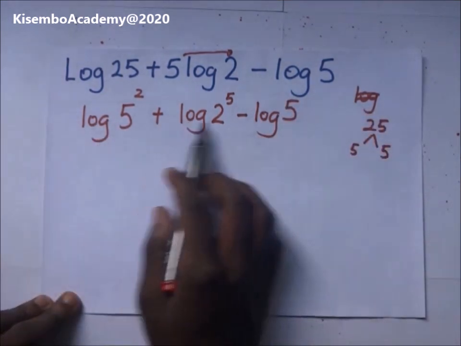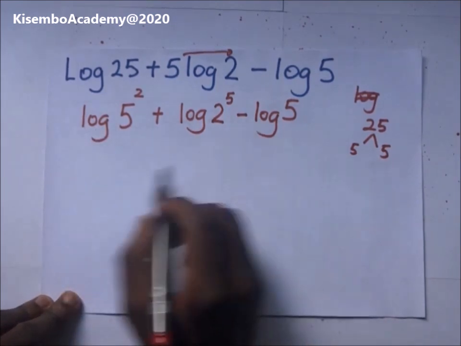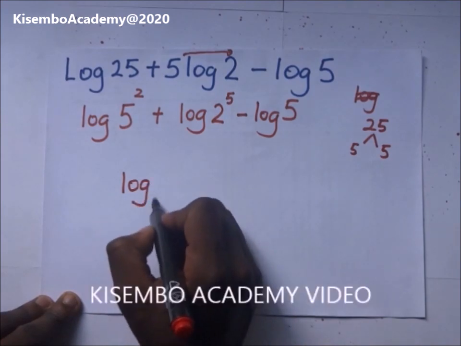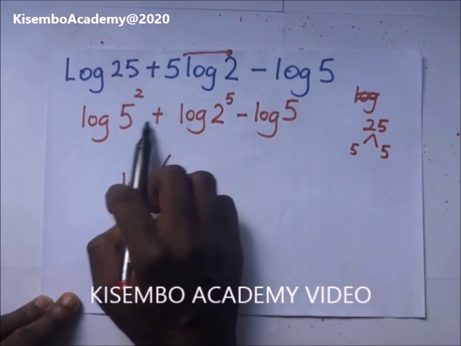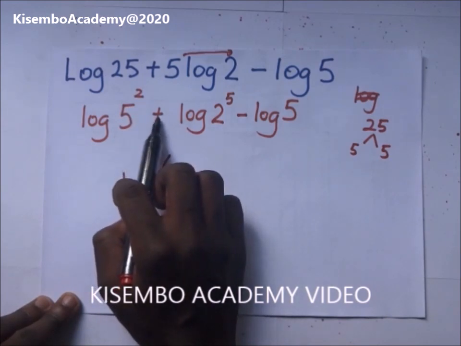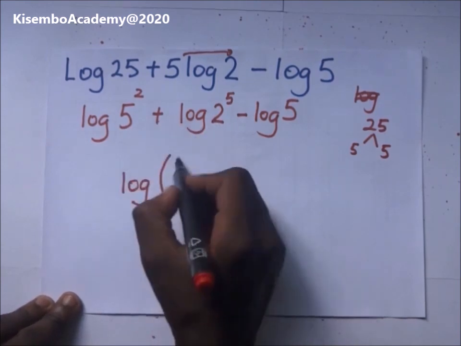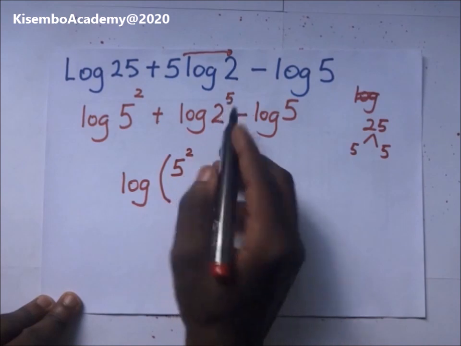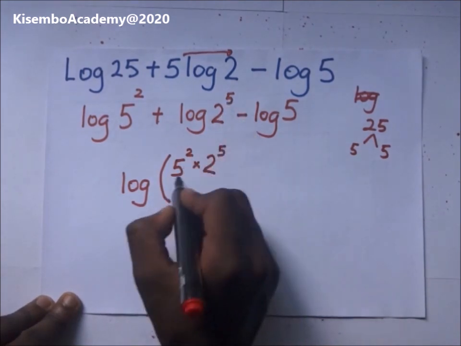Now here we are having logarithms, they are of the same base. So because they are of the same base, we shall maintain the same log. It's going to be log of the same base, which is log 10, into, now you add these powers: 5 plus 2. It means you are going to say it is 5 to the power 2, multiplied by 2 to the power 5.